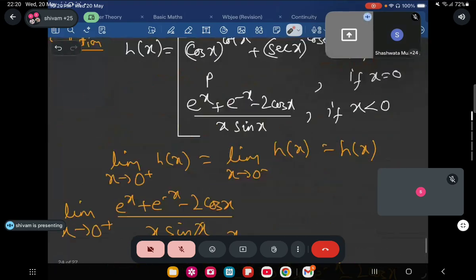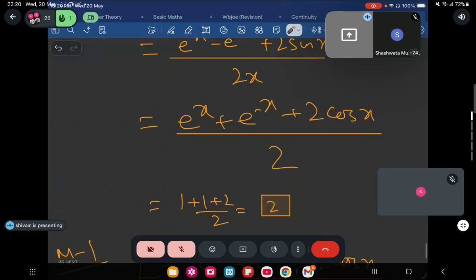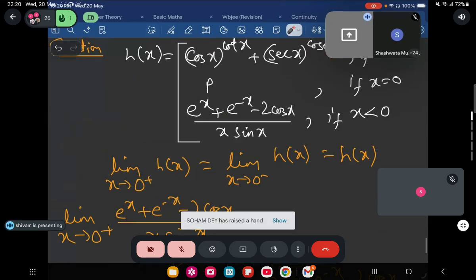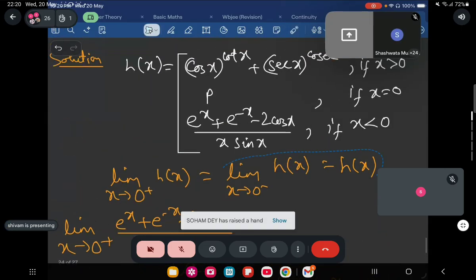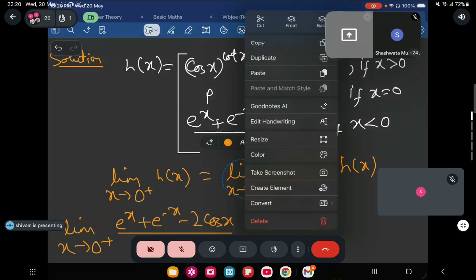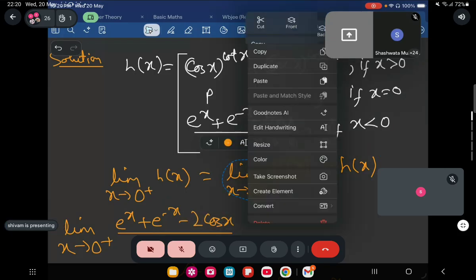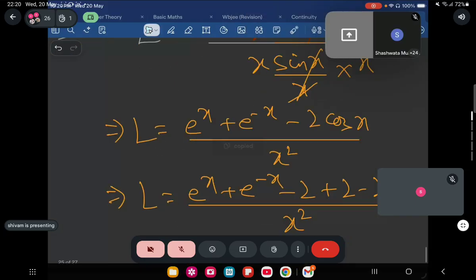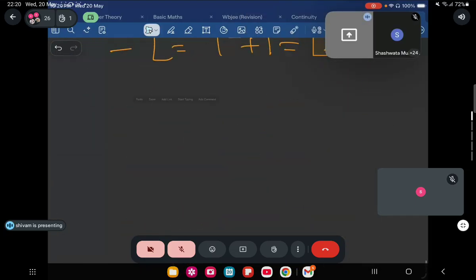Next, let us take the left-hand limit. Okay, everyone. Limit x tends to 0 minus h of x.